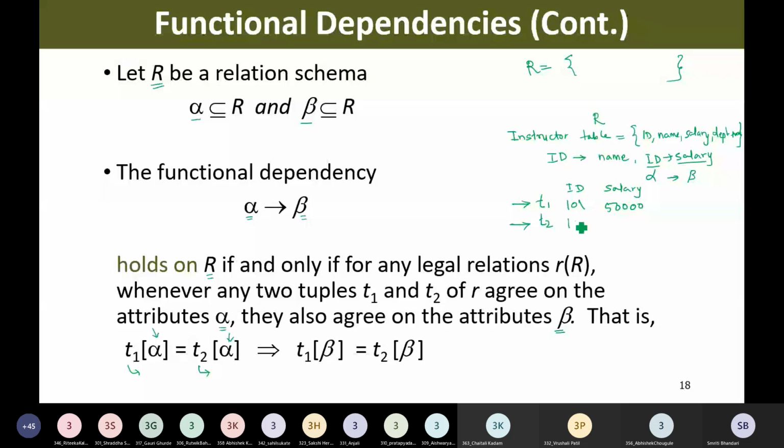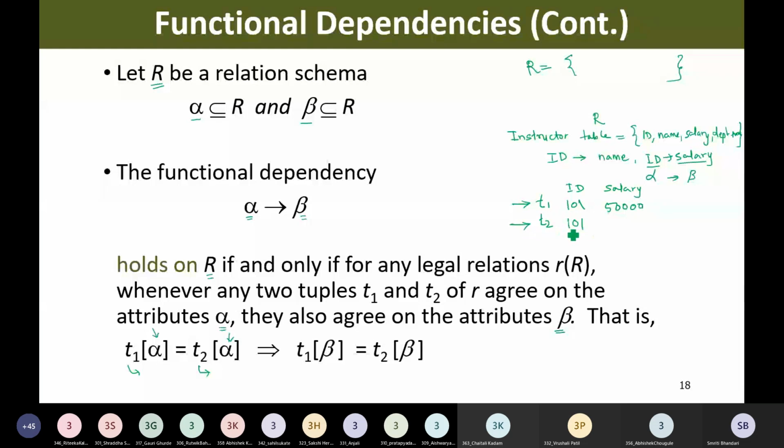If in my tuple T2 also I am inputting ID equal to 101, now my alpha values match, and I am having the dependency ID determining salary. So if ID matches for 2 tuples, then my beta values, that means my salary, must match.